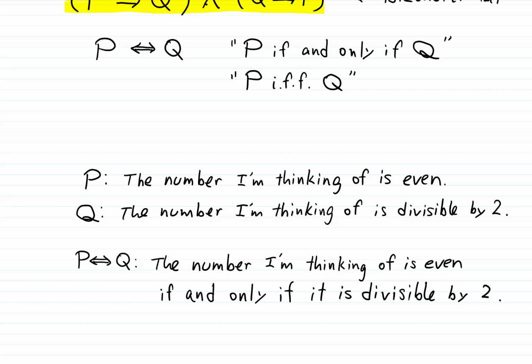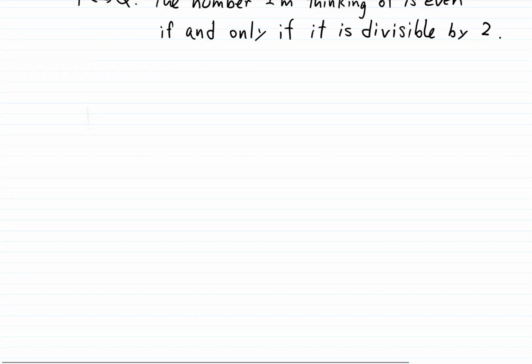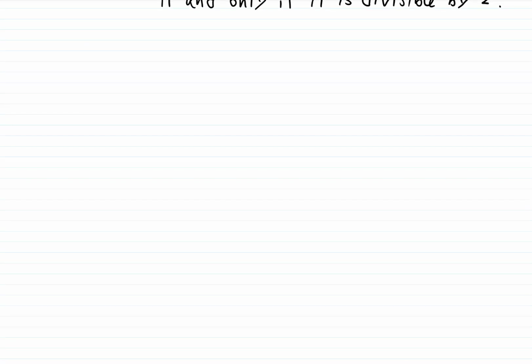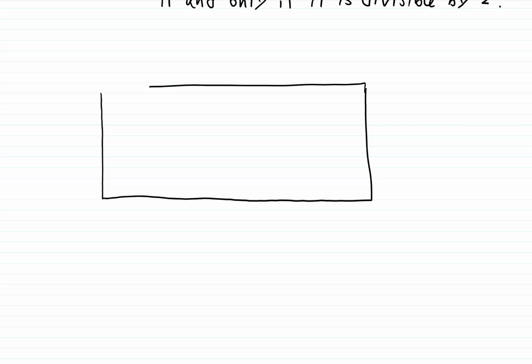Okay, let me show you the truth table for this. Here's what we're going to do. I'm going to put my variables P and Q. What are the possible combinations?